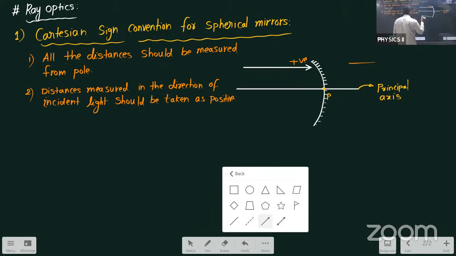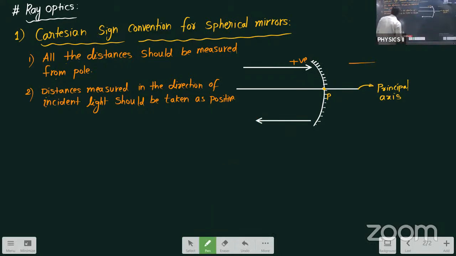Assume that the light ray is coming in this direction and I am measuring the distance in the opposite direction. So what will be our third point?